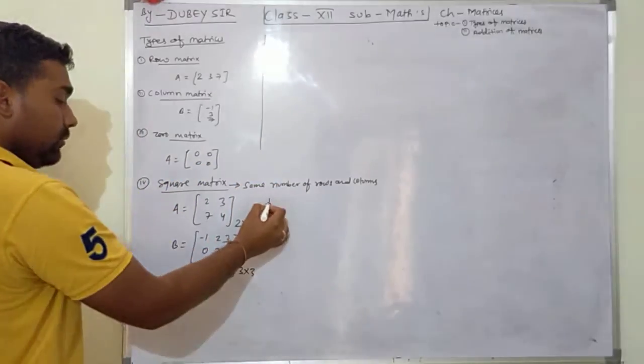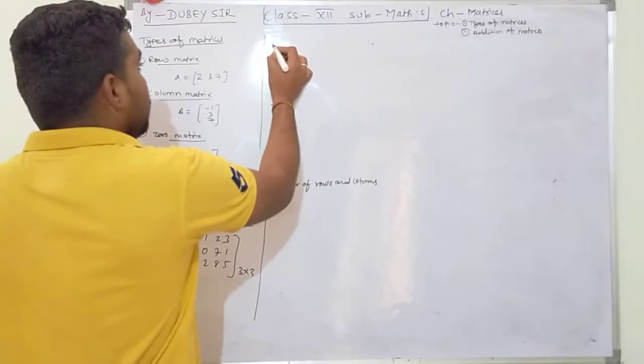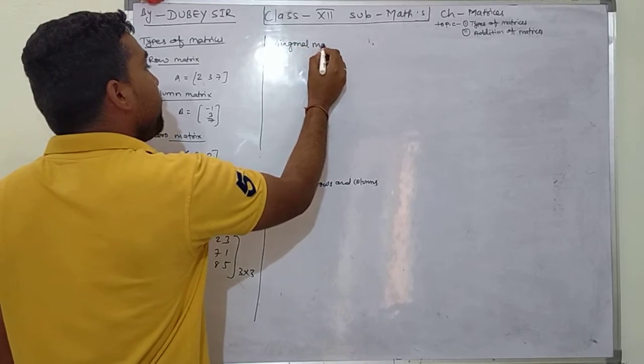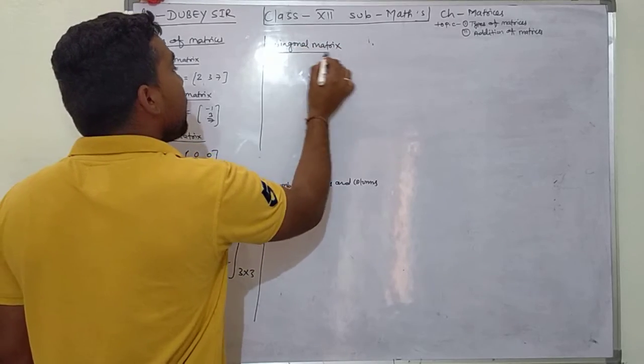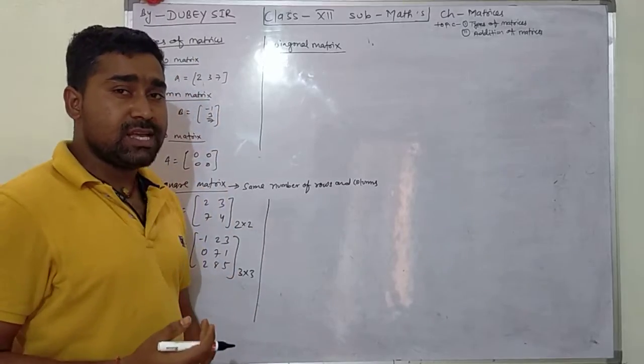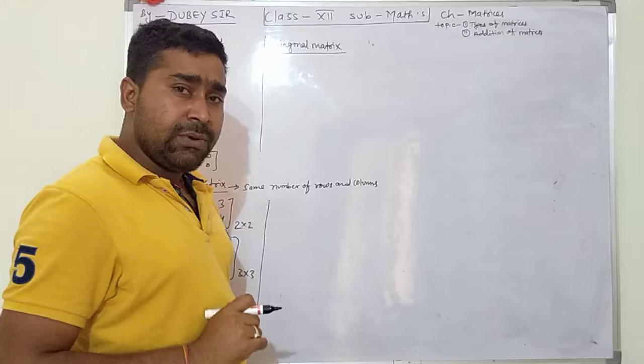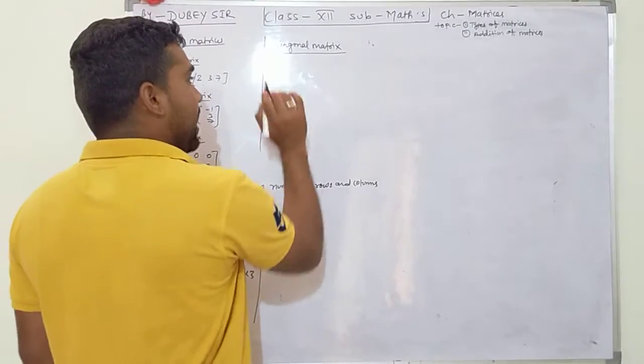Next, diagonal matrix. A square matrix in which each non-diagonal element is zero is called a diagonal matrix.